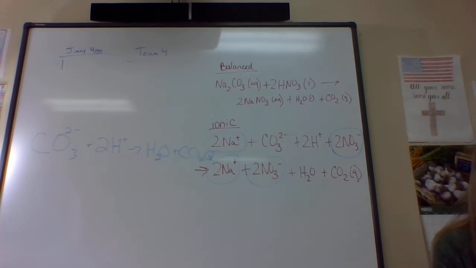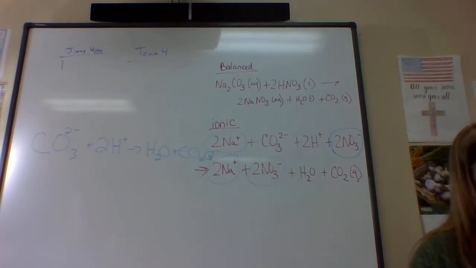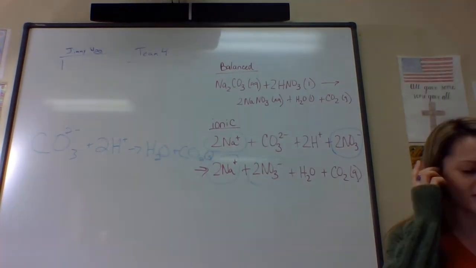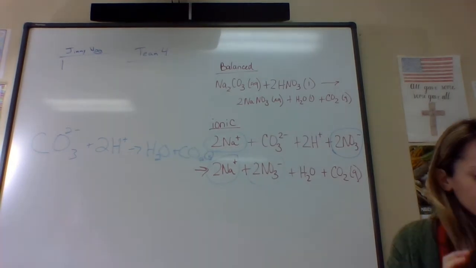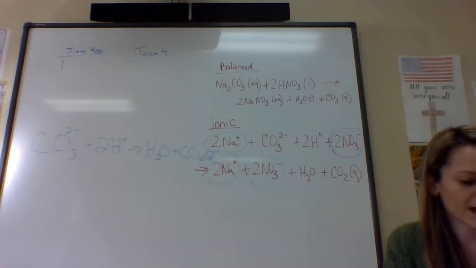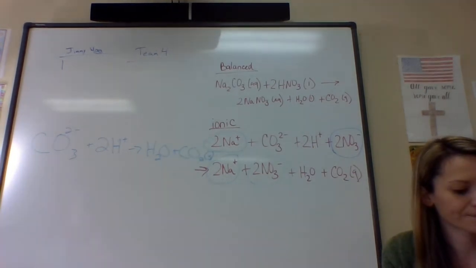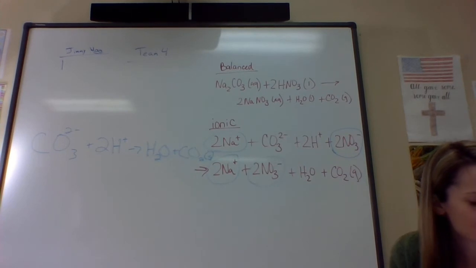All right, so team 4. One of the essay or discussion questions, I like to call them: if chemical equations, unlike mathematical equations, do not show equalities, why is it important to balance them?